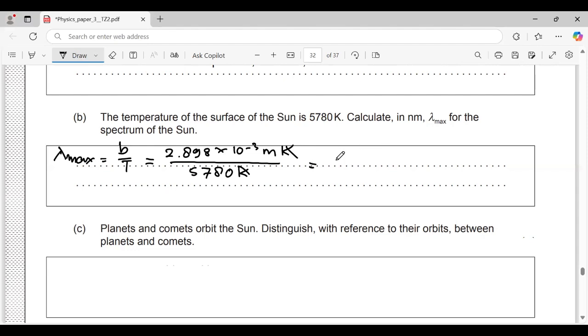If we calculate, the result is 5.014 times 10 power minus 7 meters.